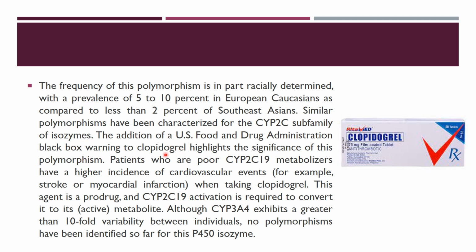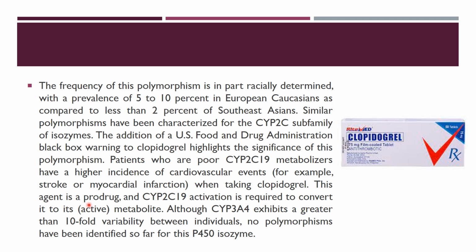The addition of a US Food and Drug Administration black box warning to clopidogrel highlights the significance of this polymorphism. Patients who are poor CYP2C19 metabolizers have a higher incidence of cardiovascular events, for example, stroke or myocardial infarction, when taking clopidogrel.